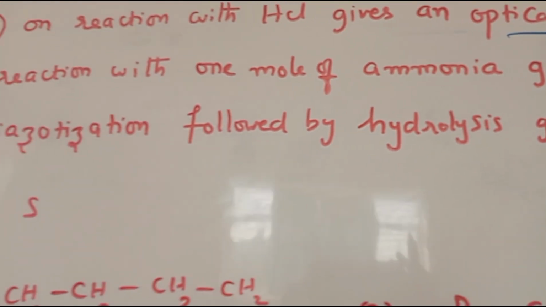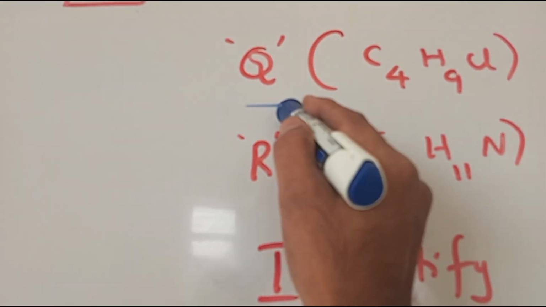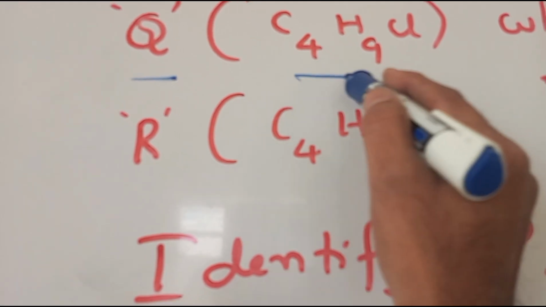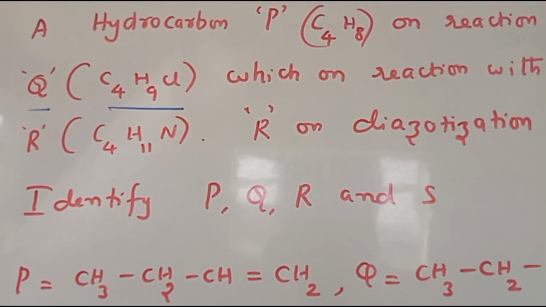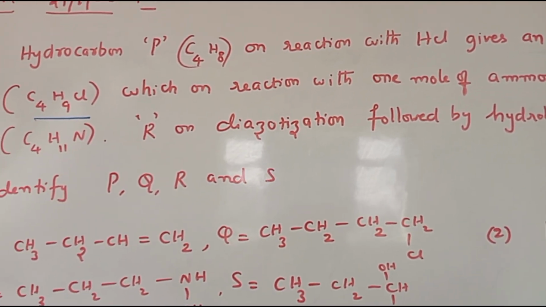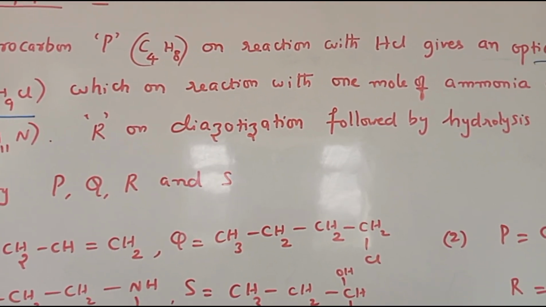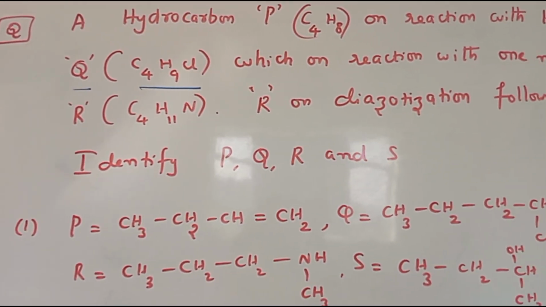The optically active compound symbol given to us is Q and its formula is also given, C4H9Cl. This is a hint only. That means first the addition reaction of hydrocarbon alkene C4H8 gives a compound Q. That Q should be optically active.